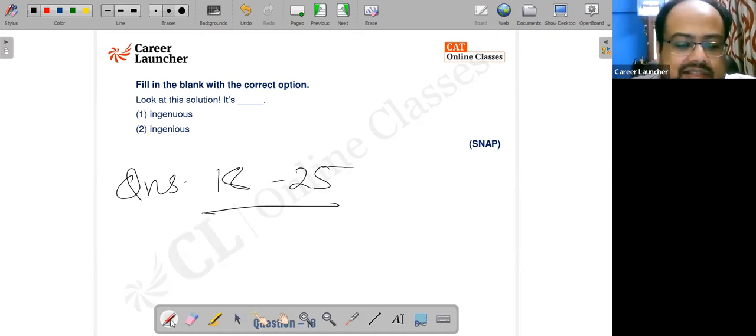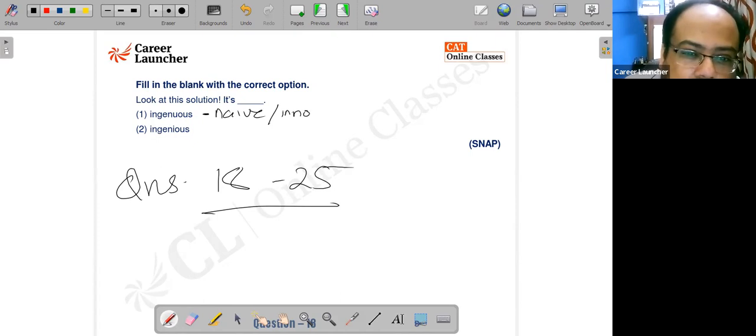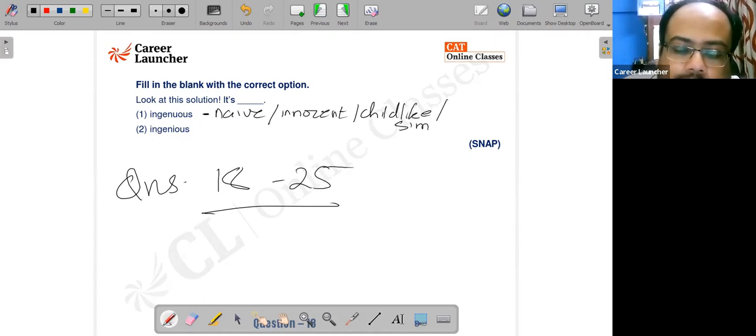Okay, let's discuss these questions. This again is a pair of words that is important: ingenuous and ingenious. Let's see what the difference in meanings is. The first option refers to someone who is naive or innocent, childlike, simple.